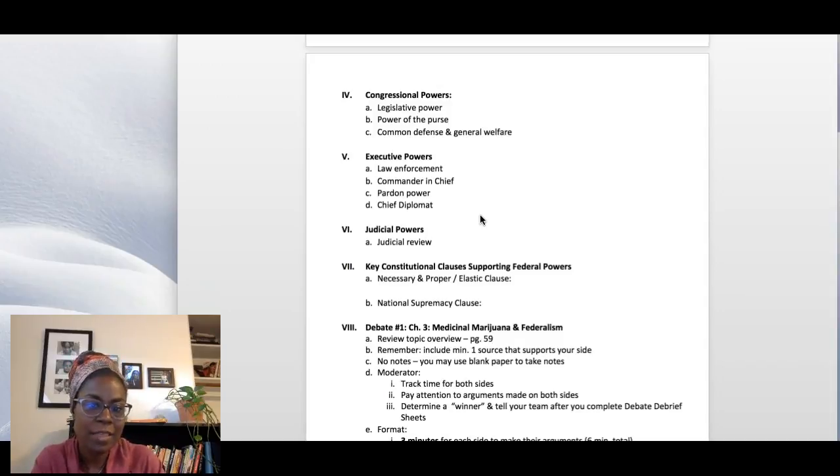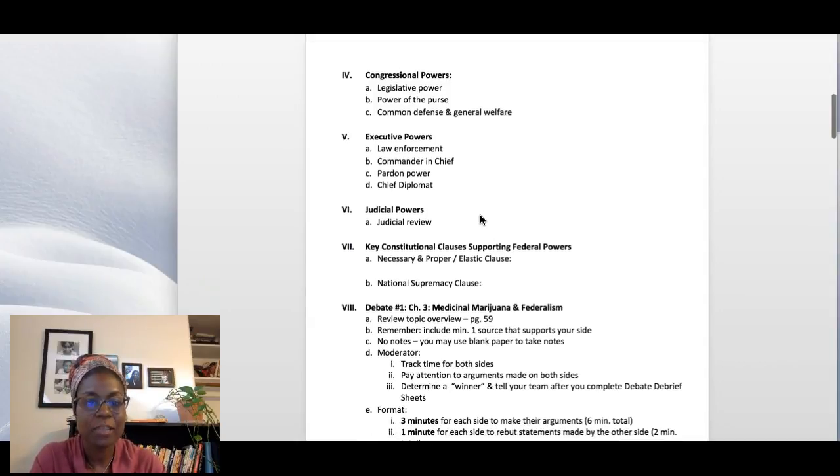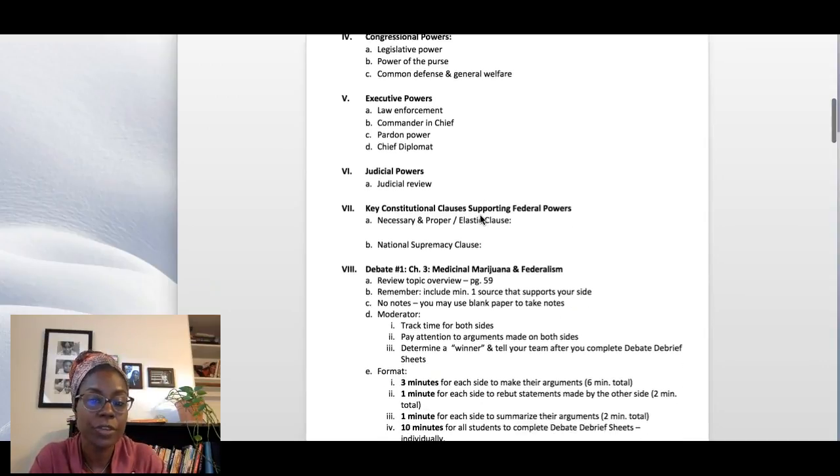Within the power of common defense and general welfare, Congress has argued that that gives it power to declare war. It has given it power to establish post offices. It's also given power to create the federal courts and to suppress insurrection. So there are lots of different activities that Congress undertakes under this general power of common defense and general welfare.